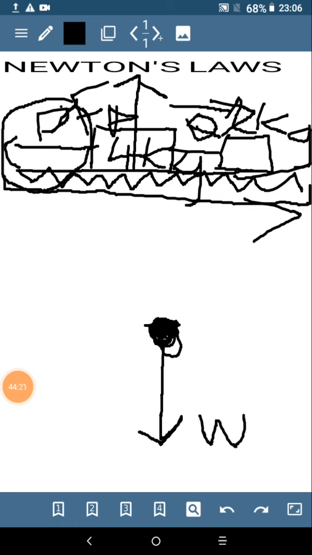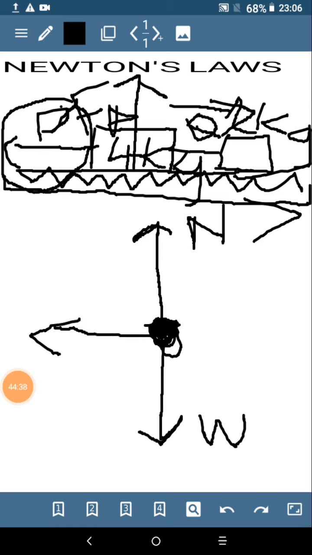The second force that we identified was the force which is exerted by the surface on the object, which is the normal force. Another force we identified was the force applied in this case.